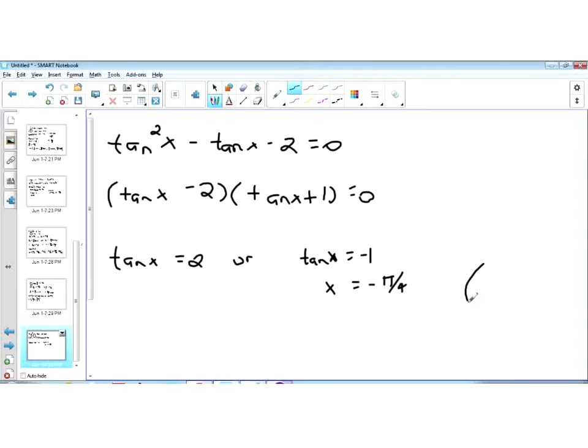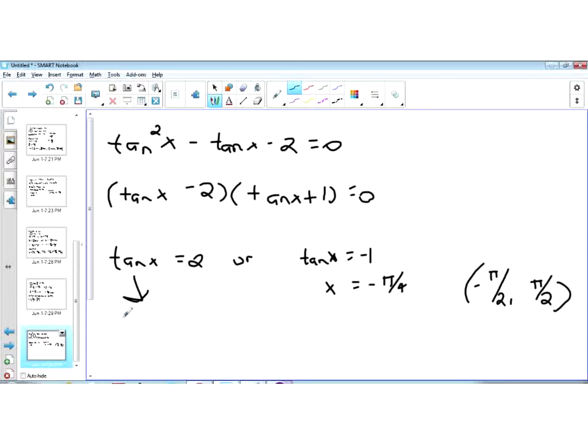If we were just to solve this equation on negative pi halves to pi halves, we'll just solve it on this domain, and then x equals negative pi fourths, because this will be the domain of the principal tangent function.